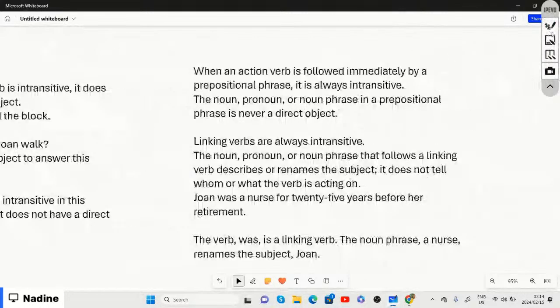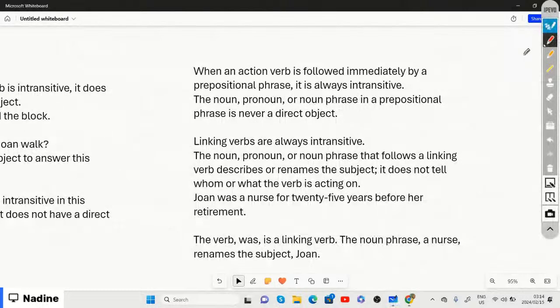All right. And when an action verb is followed immediately by a prepositional phrase, then it is intransitive. So the noun, the pronoun, or the noun phrase in a prepositional phrase is never a direct object.